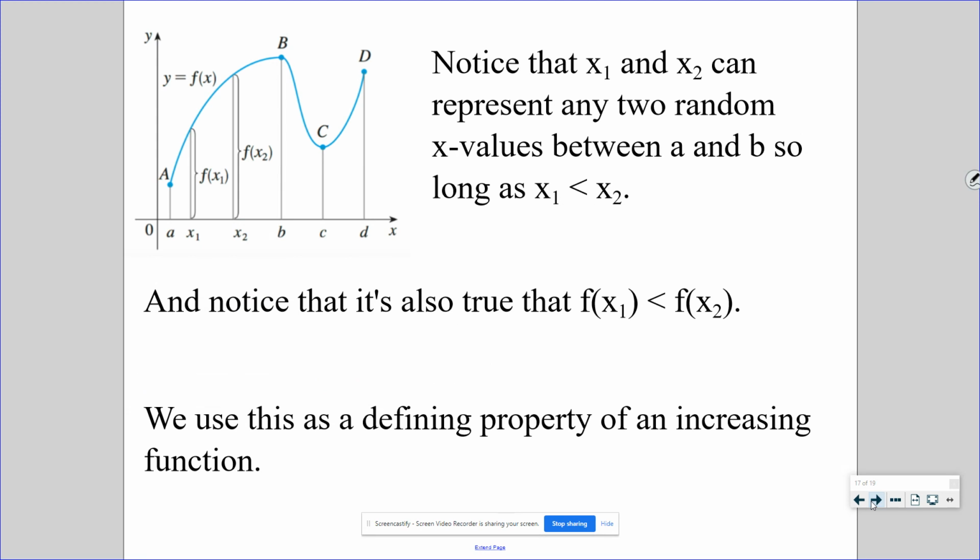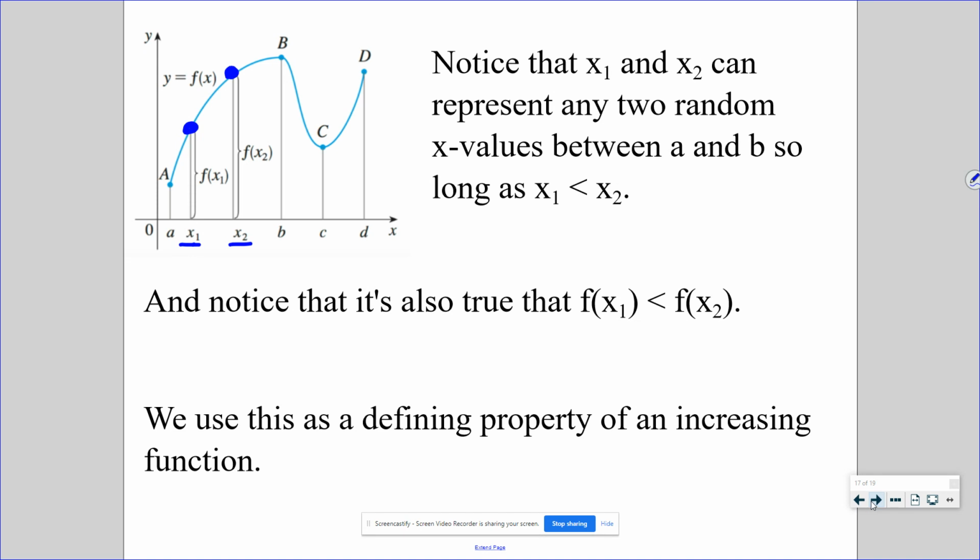There's a formal way to describe these things, and we're going to look at that description briefly. We're going to look at this increasing part from A to B. At this point, we're going to call that x value x1. And we'll look at this point as well, and we're going to call that x value x2. What we know to be true is that x1 is smaller than x2, right?